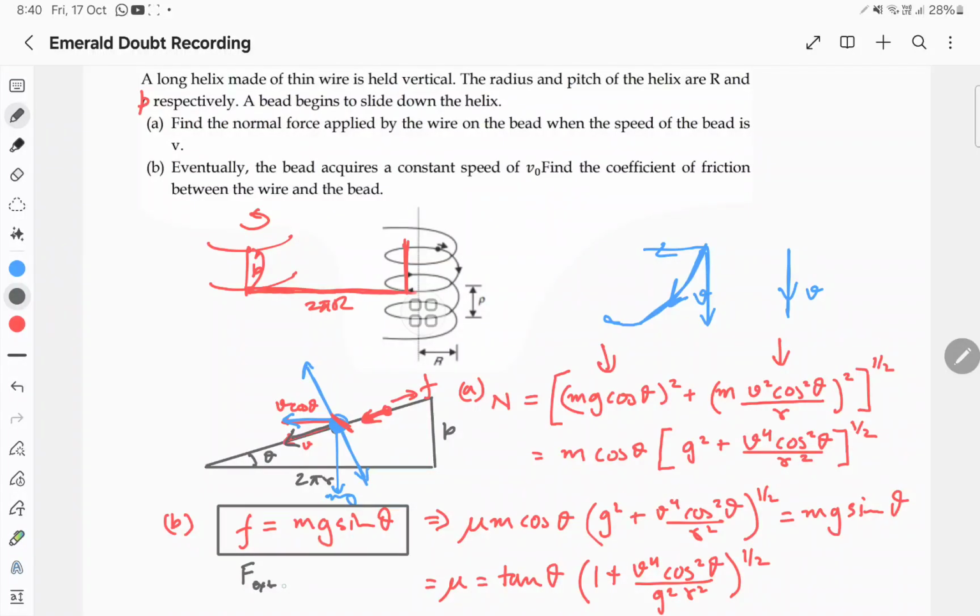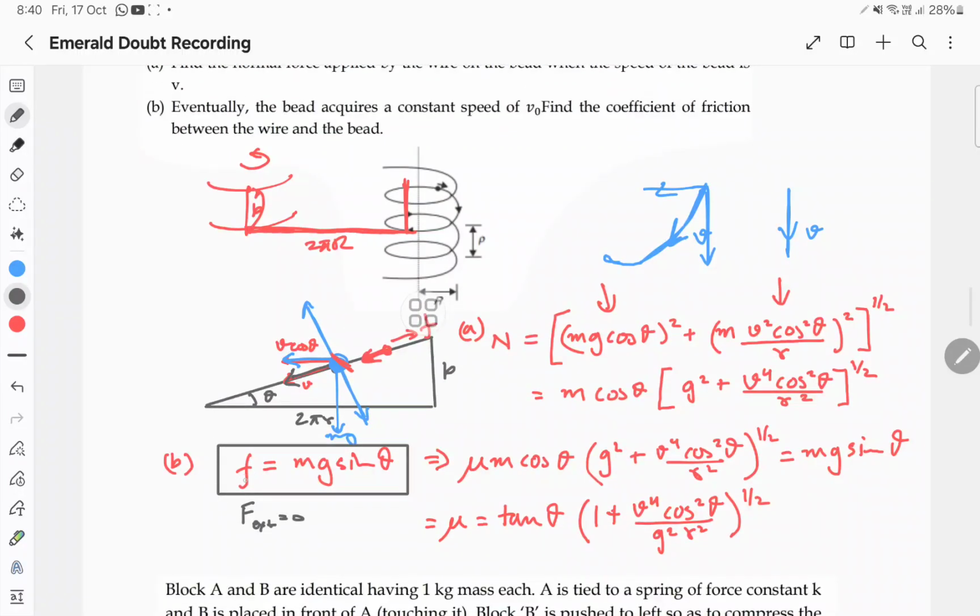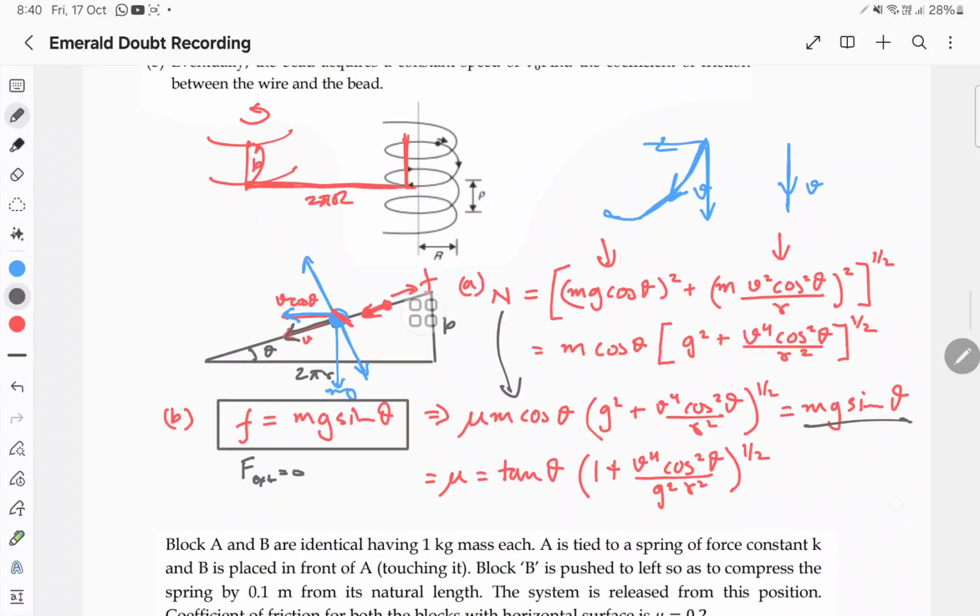So F minus mg sine theta is equal to 0. The friction must be equal to mg sine theta. Friction is nothing but mu times the normal force, so mu times the normal force equal to mg sine theta gives you your answer for mu.